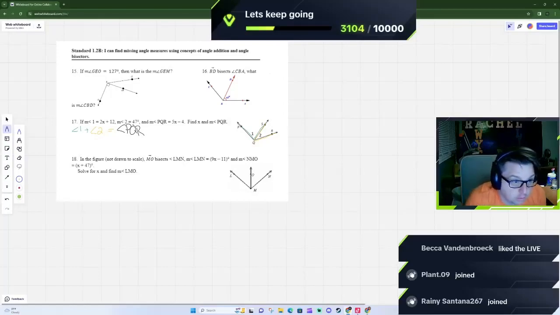Now all we need to do is substitute in our given information. So we would call this the angle addition postulate. Okay. So if you want to give some justification for each of your steps, so this is the angle addition postulate, then we can use substitution because we know angle 1 is 2x plus 12 plus angle 2, which is 47.